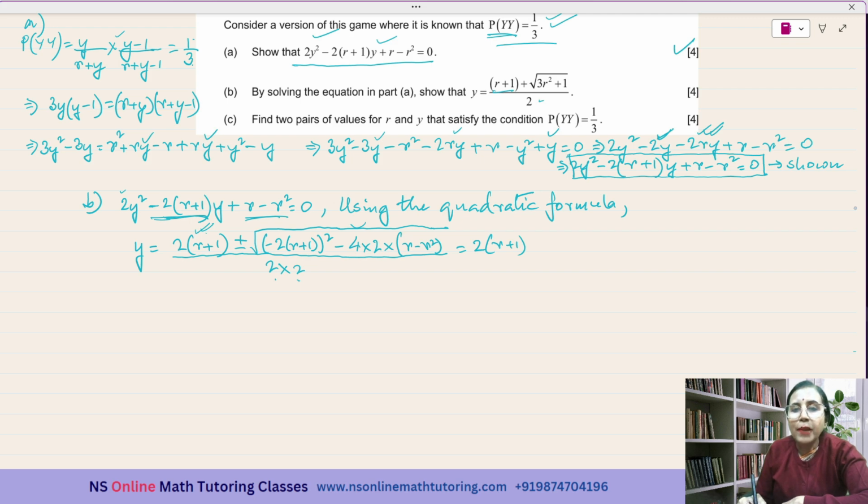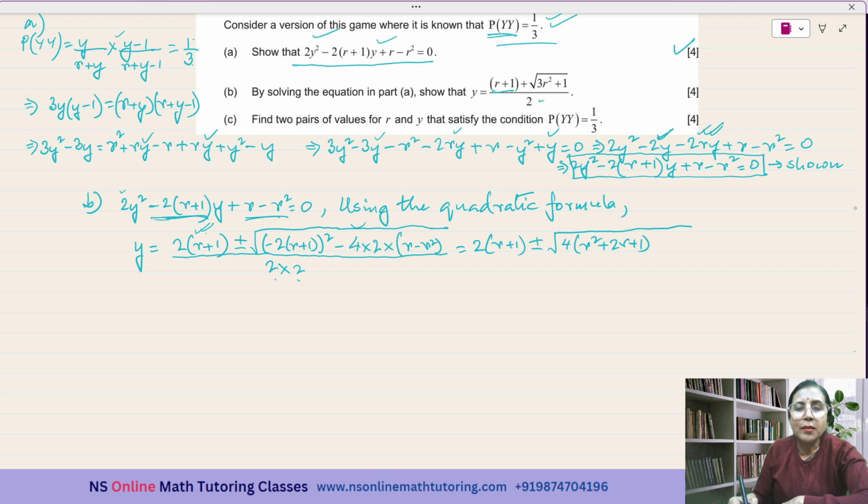So it is plus minus. Okay. It is minus 2 whole square is 4. And r plus 1 whole square is r square plus 2r plus 1. You can just do r plus 1 times r plus 1 and multiply.